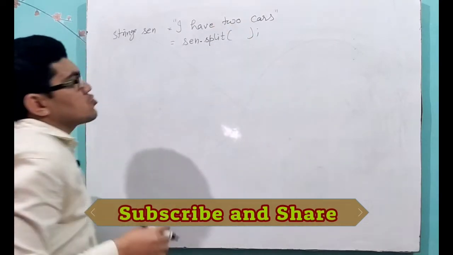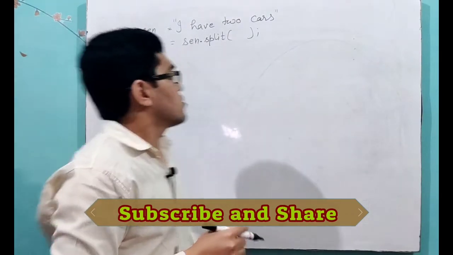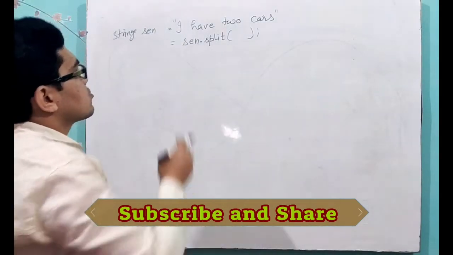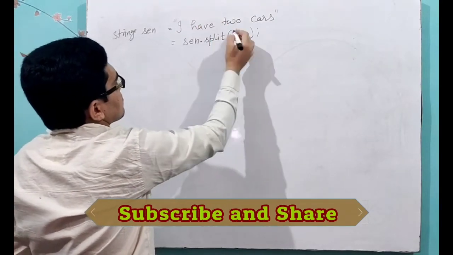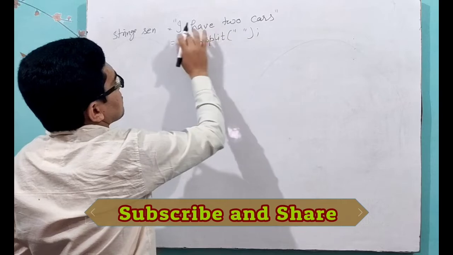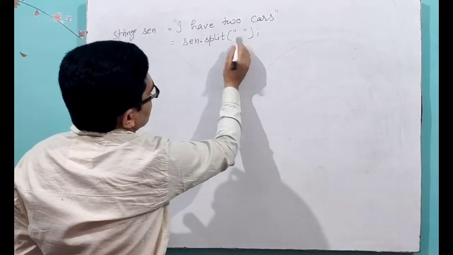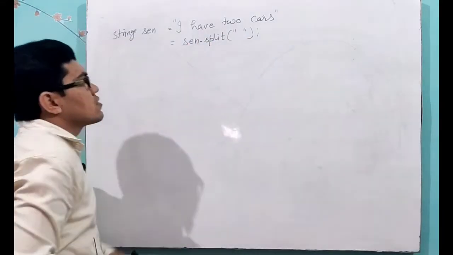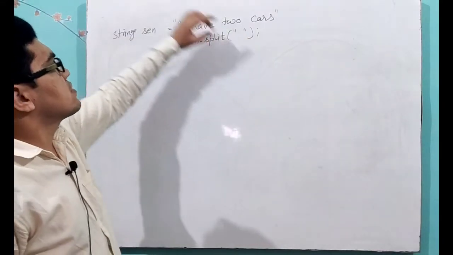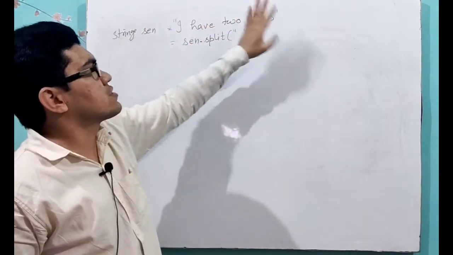Here in double quotes you have to specify on which character or string you want to split. So which is the character splitting the words? Space. So we have to write here in double quotes a space. This space will split this string.